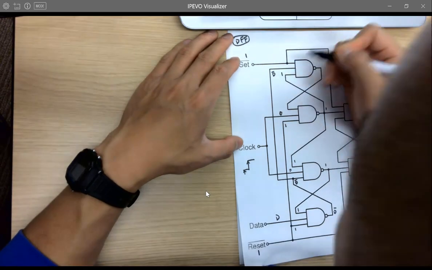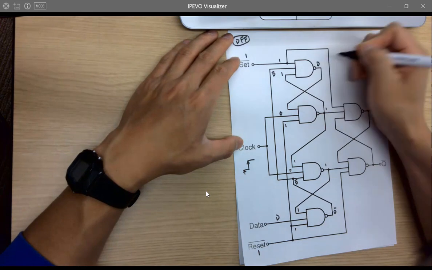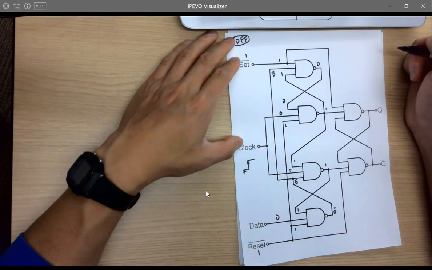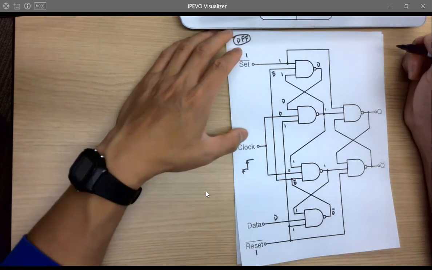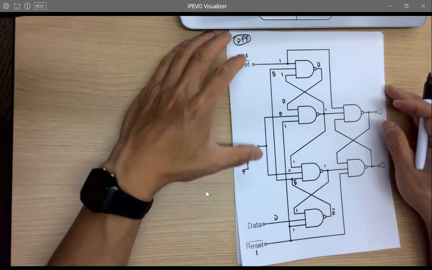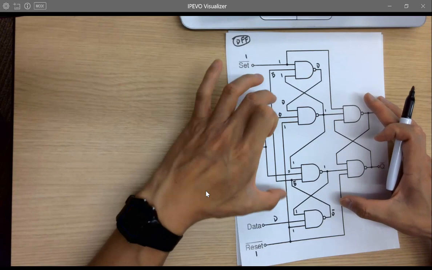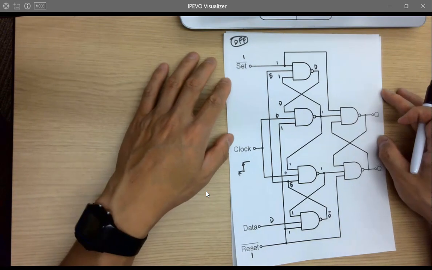This is 1, this is D bar, this is 1, so this is D. D. Okay? So we are able to find the voltage at every node in the circuit when the clock is 0, right?